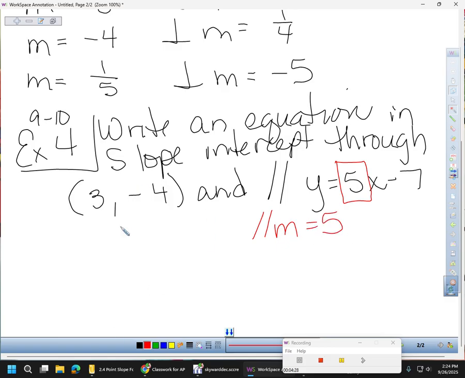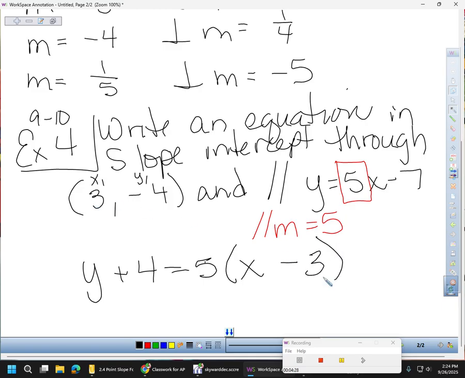So now we have a point and we have a slope, so we put it into point slope. Again, this is my x1, y1. So I have y minus y1 equals our parallel slope times x minus x1. All right, but it's not in slope-intercept.